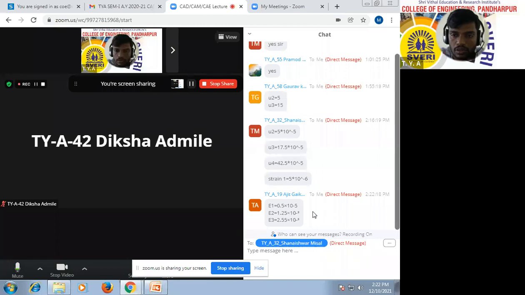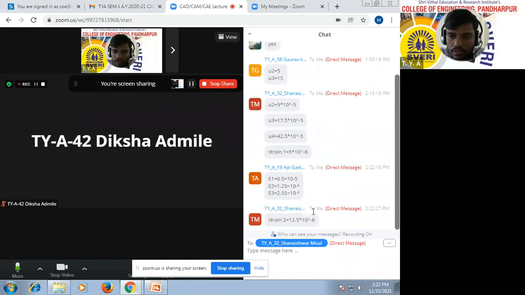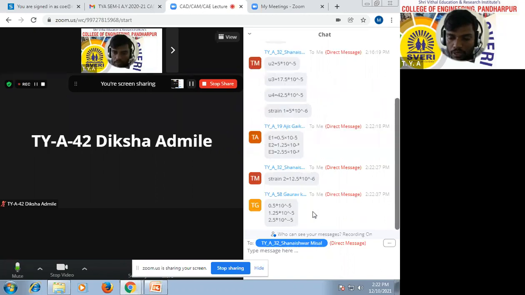Ajit Gaikwad has also given the response. Very good, Ajit. Strain at 1 is 5 into 10 raised to minus 6. Second, 12.5 into 10 raised to minus 6. And third is 25 into 10 raised to minus 6. Very good, Gaurav.